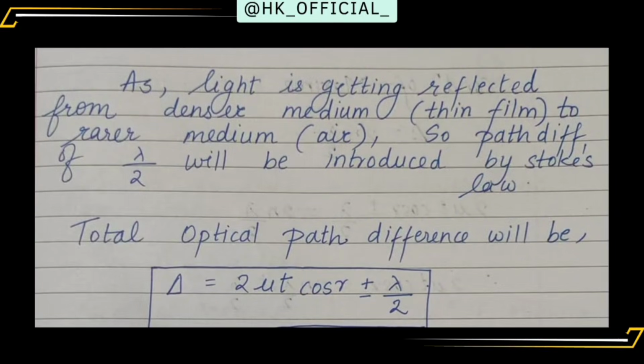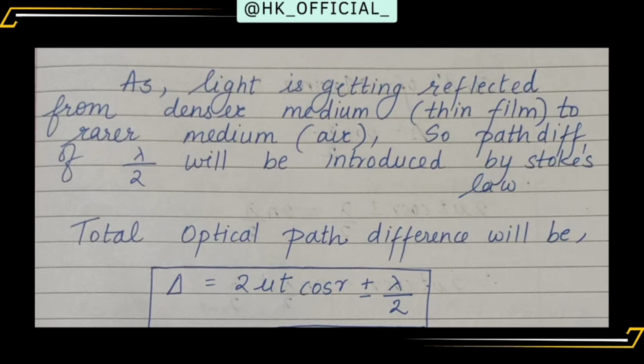Now, the main point: as light is getting reflected from a denser medium to a rarer medium, that is from the thin film to the air, a path difference of lambda by 2 will be introduced because of Stokes law. So the total path difference will be delta is equal to 2 mu T cos R plus or minus lambda by 2.